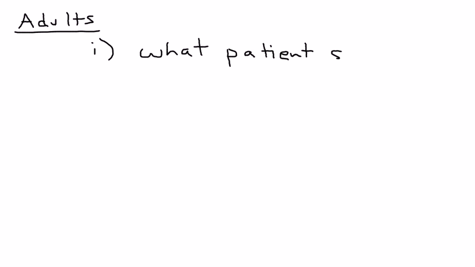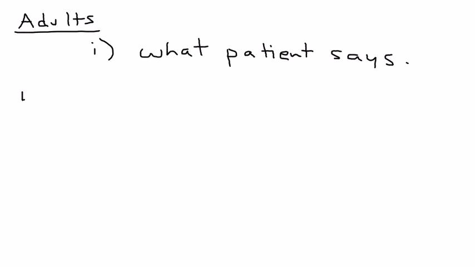So we're talking about informed consent and medical decision making in adults. So there's a 5-step process that you go through. The first and foremost is you basically just simply ask the patient. And if the patient is competent, then you go by what the patient says.